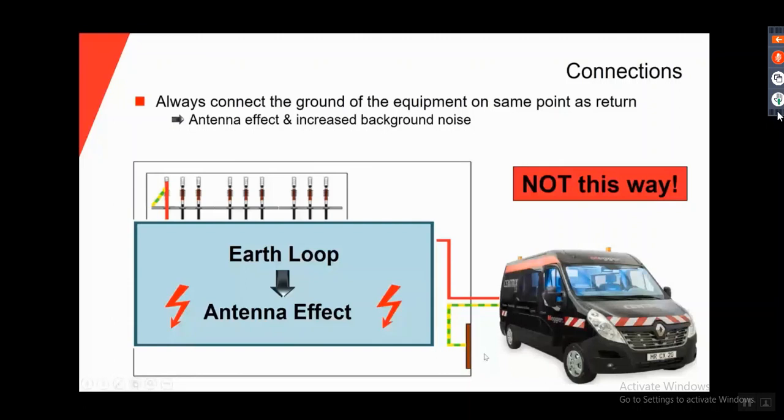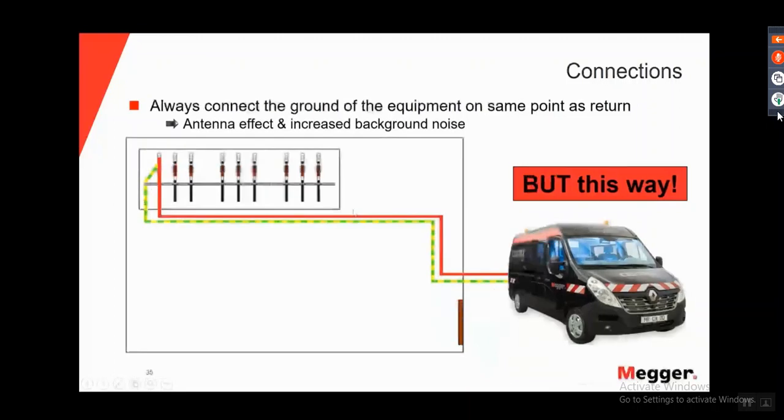What we need to do when we are doing a partial discharge test is connect the grounding at the same point where we connected the return of the high voltage test lead. This is very important to avoid the antenna effect during the measurement. So always try to connect the grounding of your PD equipment at the point where you are connecting the return of your high voltage cable.